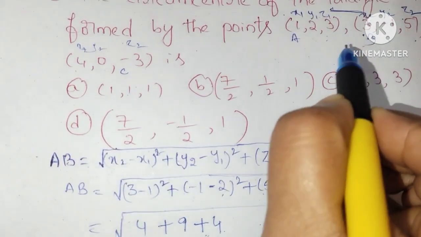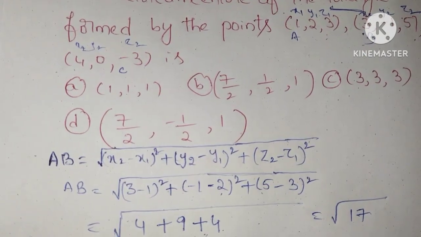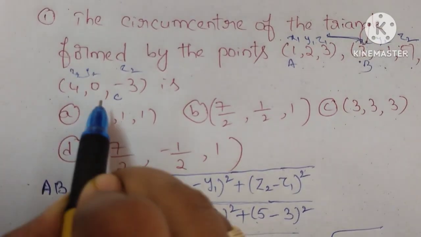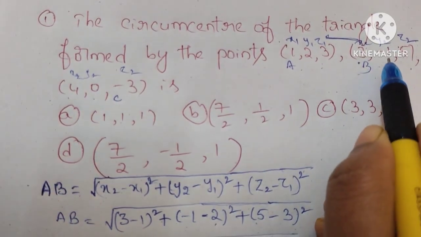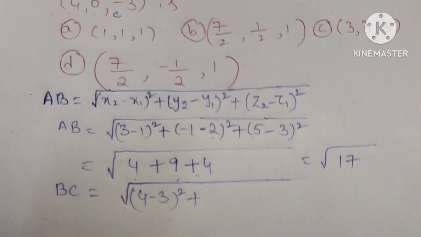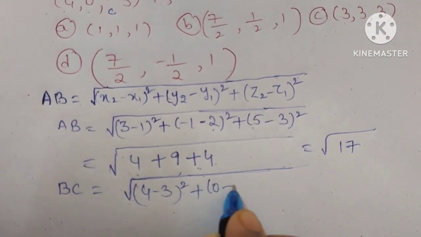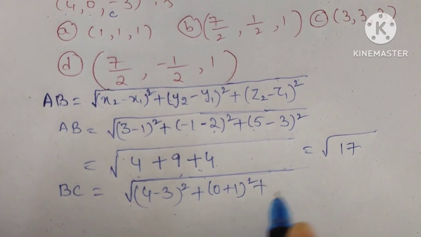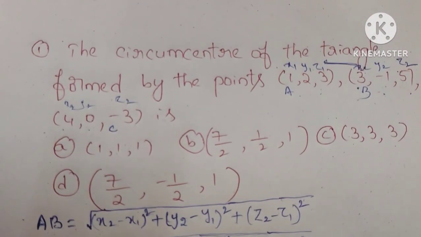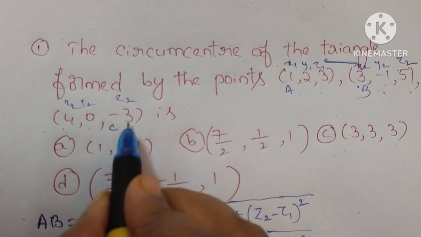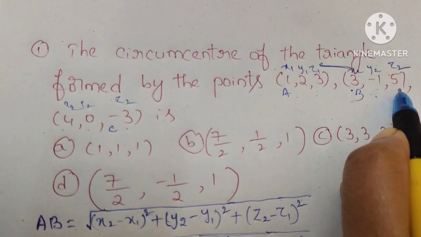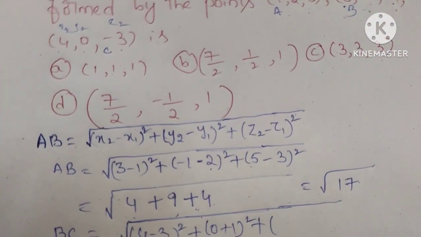Now x2 minus x1, 4 minus 3 whole square, plus y2 minus y1, 0 minus of minus 1, that is 0 plus 1, whole square, plus z2 minus z1, where z2 is minus 3 and z1 is 5, so minus 3 minus 5 whole square.